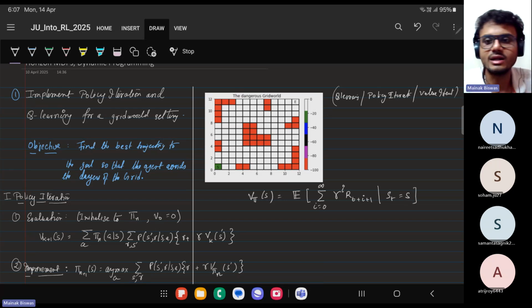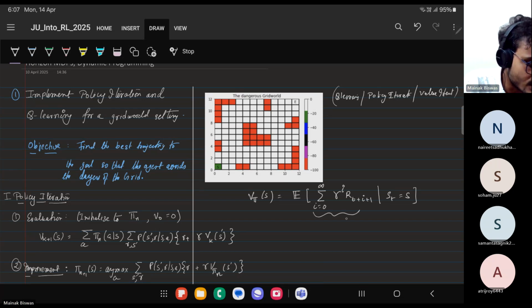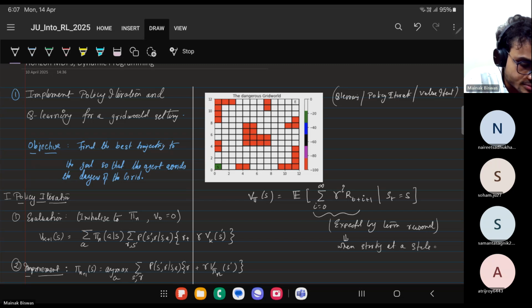Right? This is how we define the value function. That is the expected long-term reward starting at a state. If you start at state s, what is the expected reward you will get? Is that what we had seen?